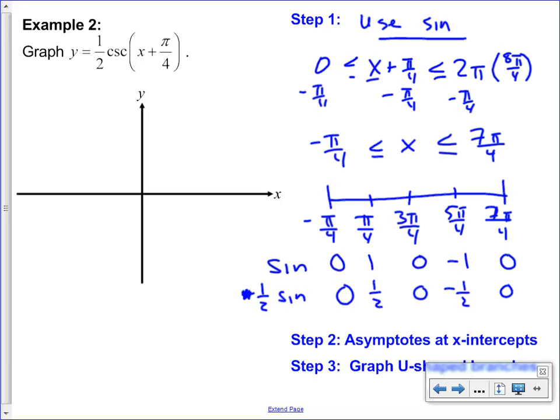All right. So we have stuff on the left side. No big deal. Negative pi over 4, pi over 4. If that's 1 and negative 1, then we're doing the halfway points, right?